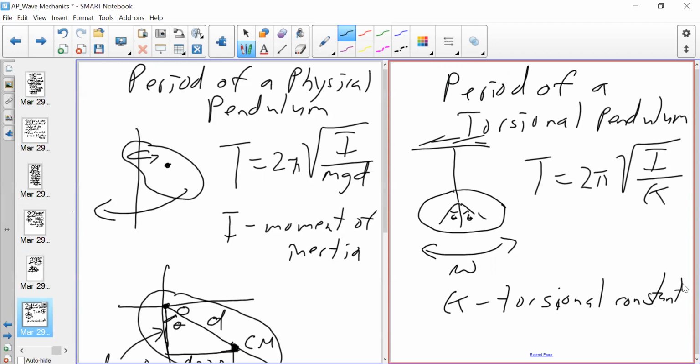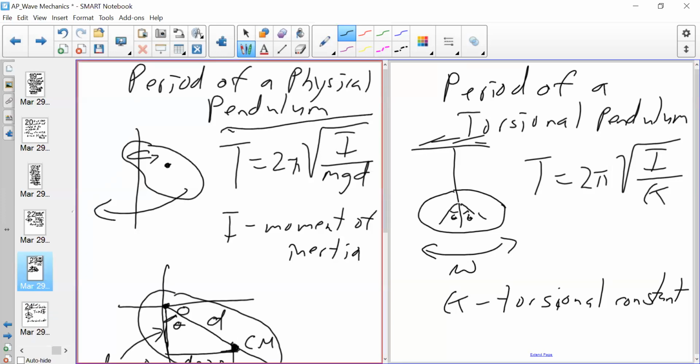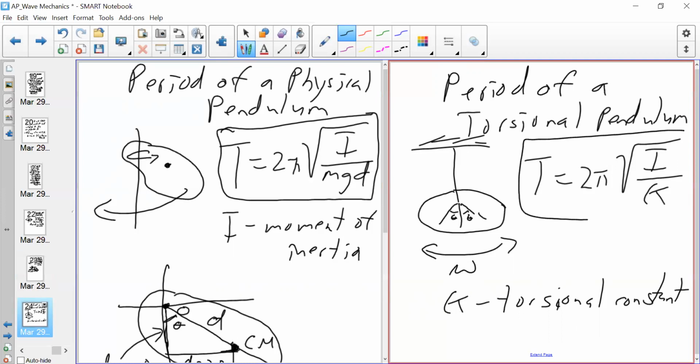Every string or spring or whatever device it's attached to will have its own torsional constant. So that's pretty much 15.5. Like I said, it's just about giving you the formulas. We'll belay the derivations of these periods for some other time. Any questions on any of that?